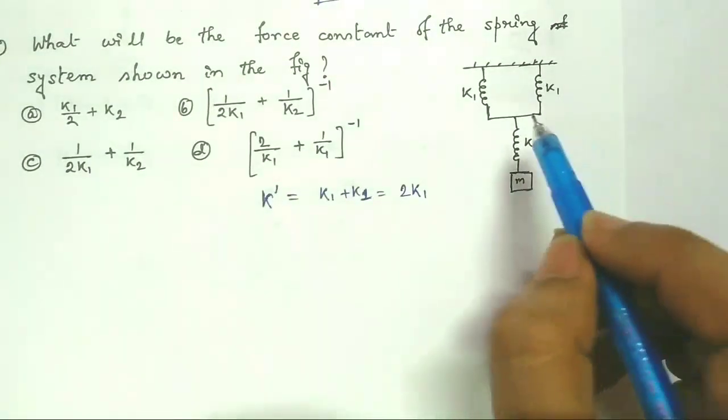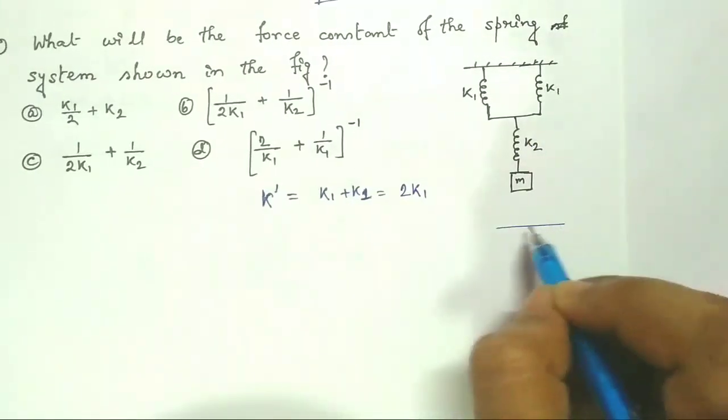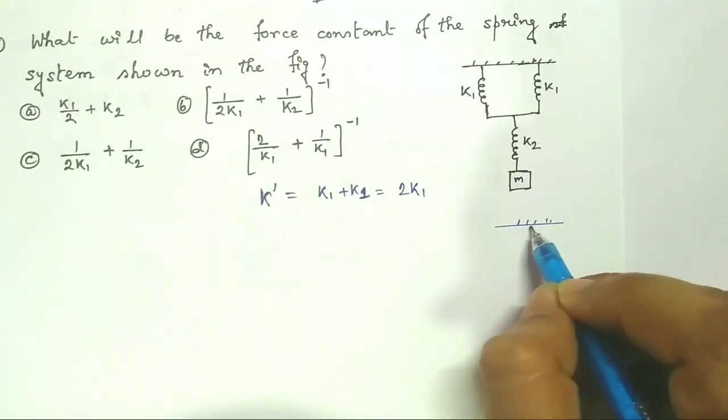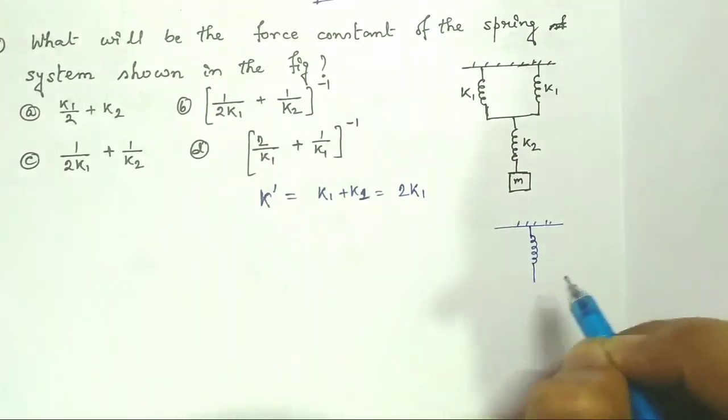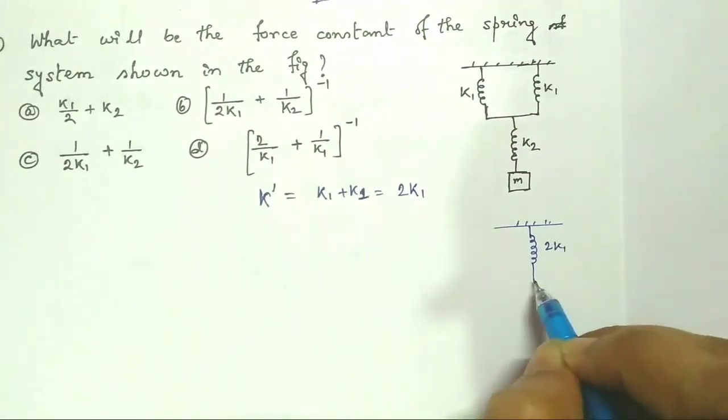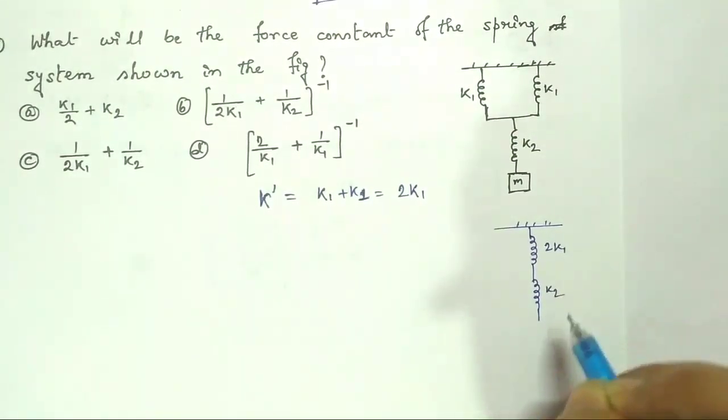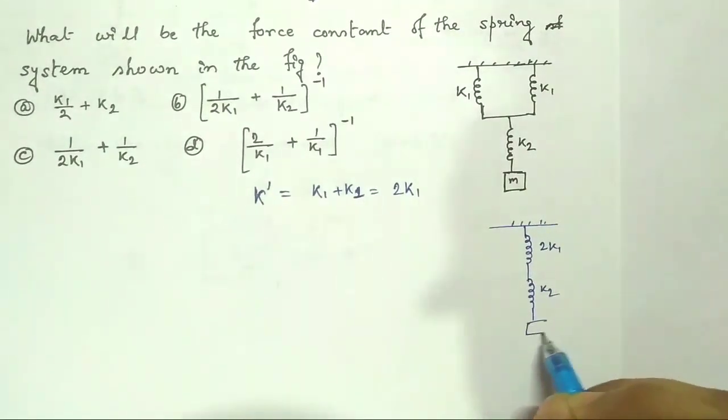Now, the equivalent spring diagram is like this. This is 2K1 and this is K2. Here is the mass.